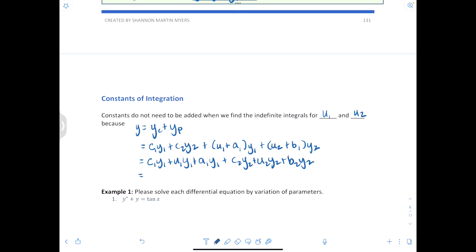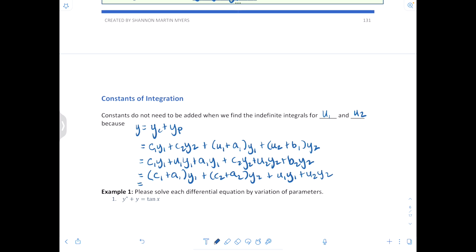Here, u is a function, c1 and a1 are constants, so you'd have c1 plus a1 times y1, c2 plus b2 times y2, and then you'd still have u1 y1 plus u2 y2 hanging out for our functions.